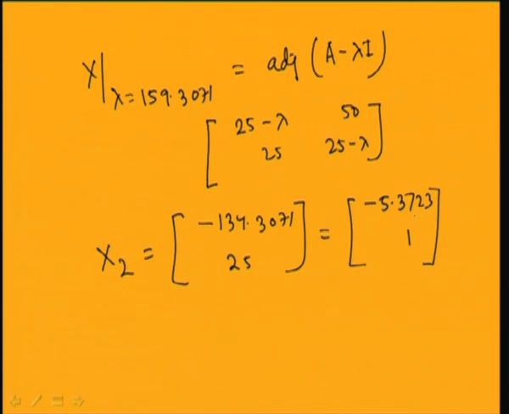So, you can obtain the second mode equal to minus 5.37231.